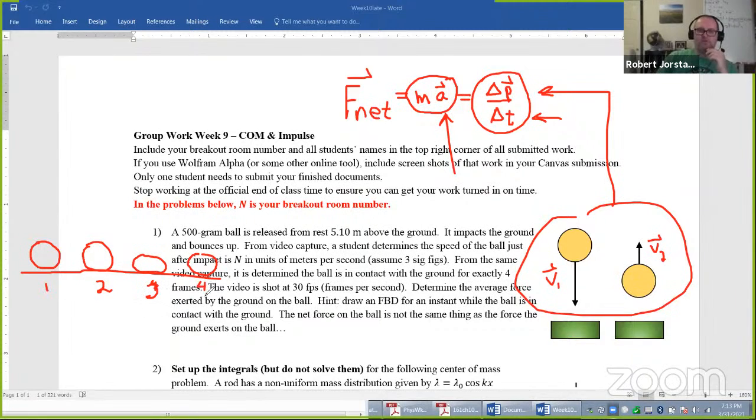For those 4 frames, it's very difficult for us to say, well, how far did it move? Because we're talking about the center of mass of this thing. I don't know where the center of mass is when it starts getting smushed. So it's not obvious how far it moves in what amount of time if we're looking at the frame rate. So it's very difficult to use these to get the acceleration directly.